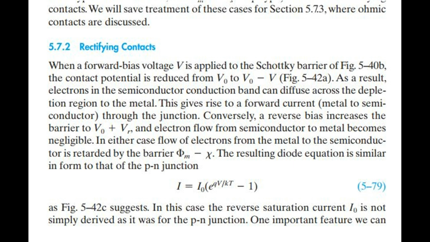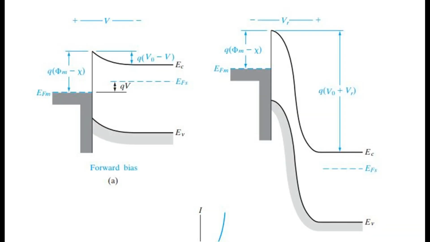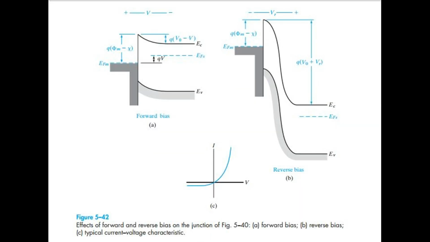One important feature we can predict intuitively, however, is that the saturation current should depend upon the size of the barrier ΦB for electron injection from the metal into the semiconductor. This barrier, which is Φm − χ for the ideal case shown in Fig 5.42, is unaffected by the bias voltage. We expect the probability of an electron in the metal surmounting this barrier to be given by a Boltzmann factor.